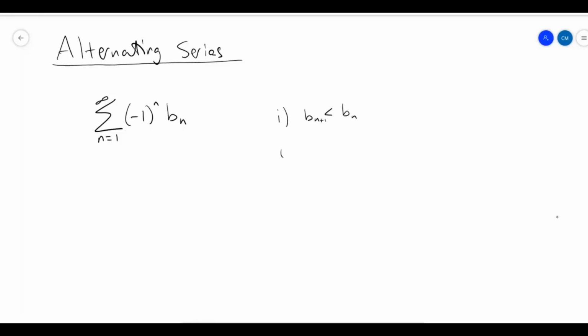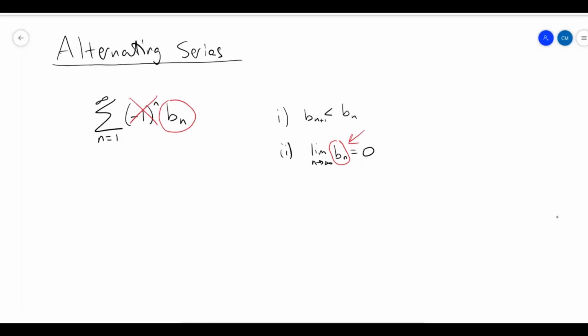And you also have to have the limit of the terms of the series, the non-negative terms, be 0. Be really careful about this. That b_n there is the same as this b_n here. So notice what is not part of this test. The (-1)^n is not there. All you're checking is just the terms that don't have that (-1)^n on it. Be really careful about that.